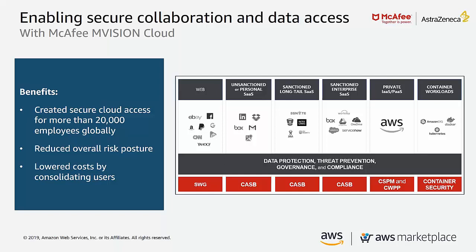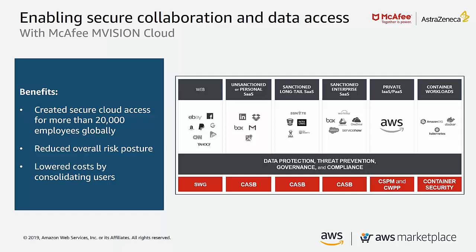So AstraZeneca implemented MVISION Cloud and used it in combination with their Zscaler, which was an inline proxy that they were feeding all of their web traffic through. Together they were able to process the logs to give them complete visibility into who was accessing what, despite not necessarily being logged into the VPNs and such.